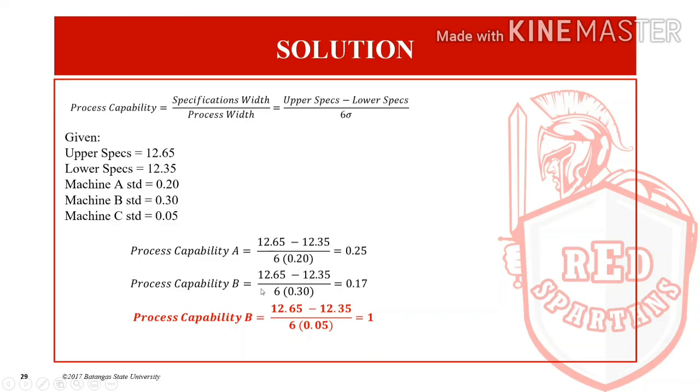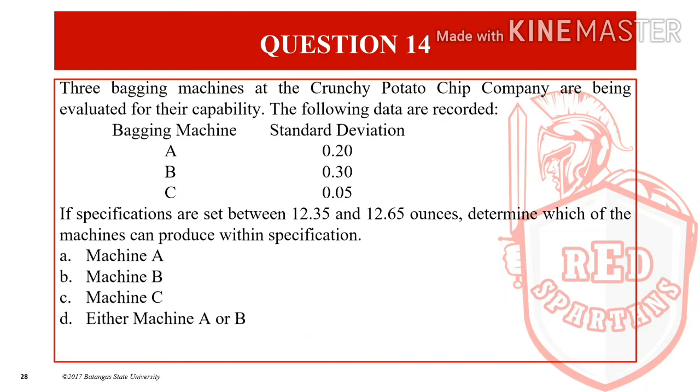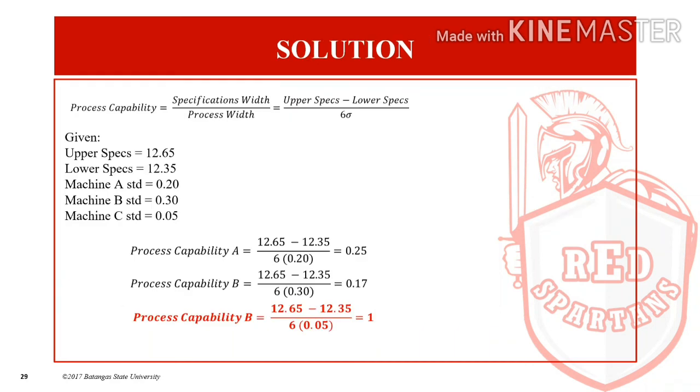Then, process capability for machine B, using standard deviation of 0.3 is 0.17, and process capability for machine C, na 0.05 na standard deviation is equal to 1. So, meaning, yung magiging value na 1, yun yung mas capable na makapag-produce ng good quality unit. So, ibig sabihin for this problem, ang answer natin is letter C, machine C.